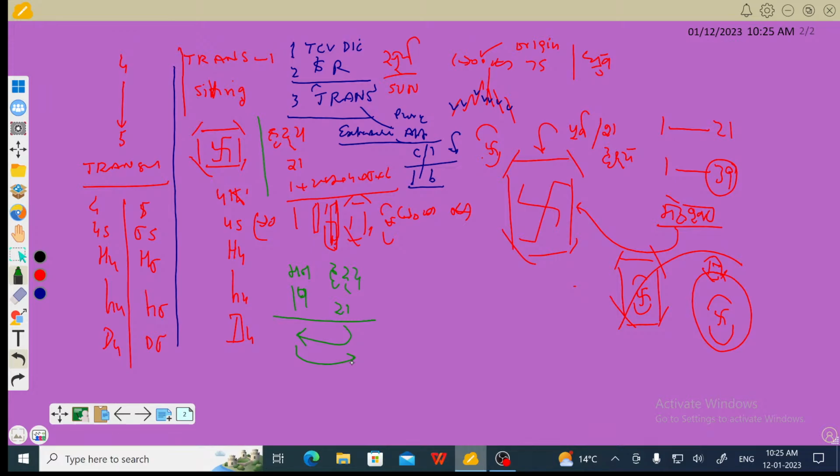So enter this word in TCV dictionary. It is of TC value 5 and 15. Together is 20. It is Sankhya. It is Ved. It is Dev.